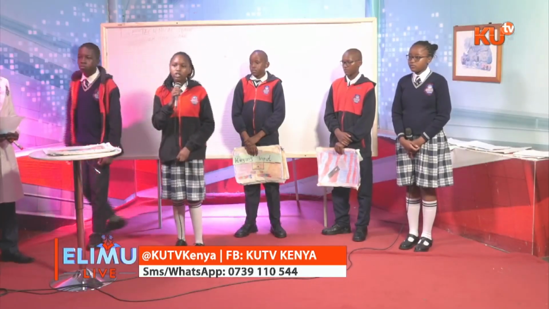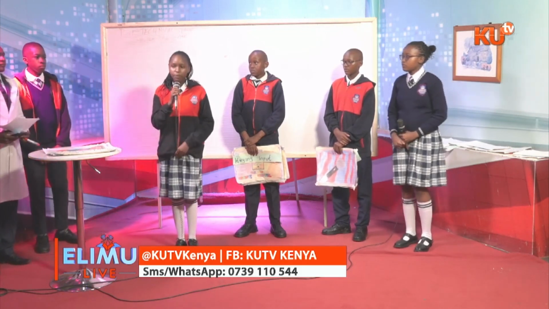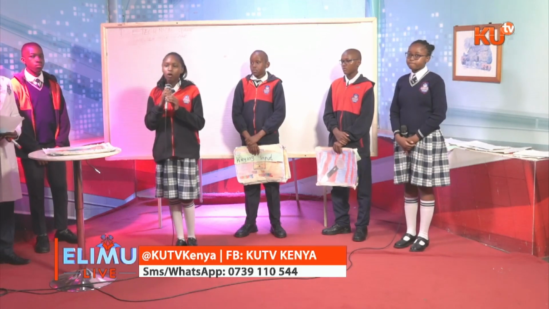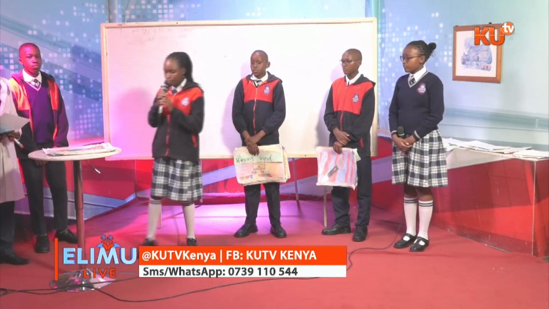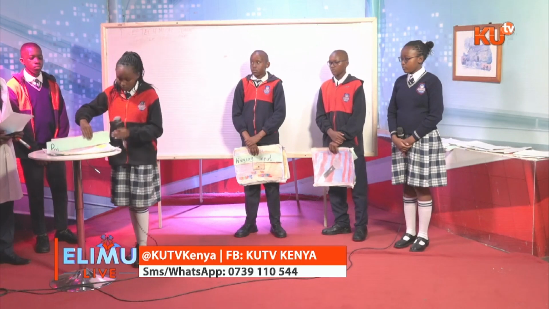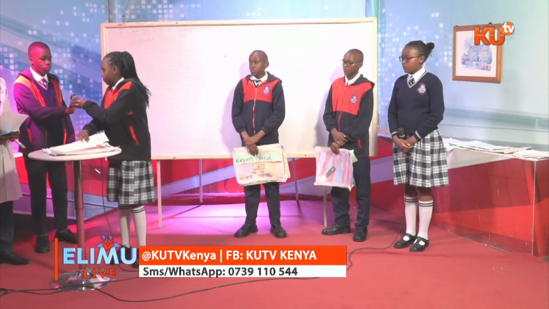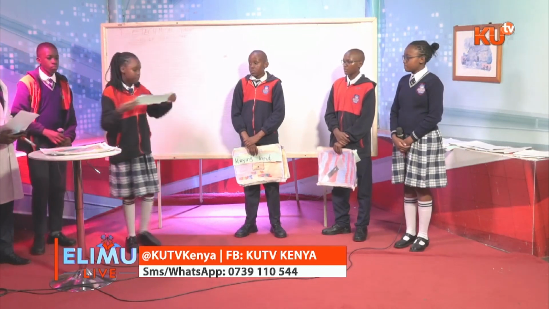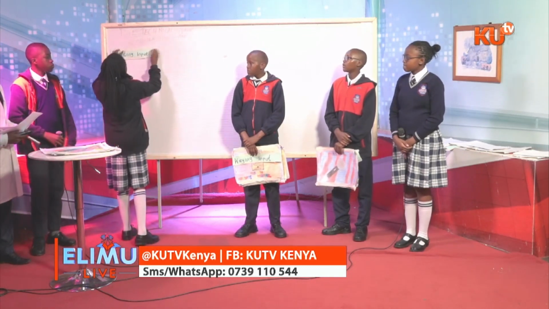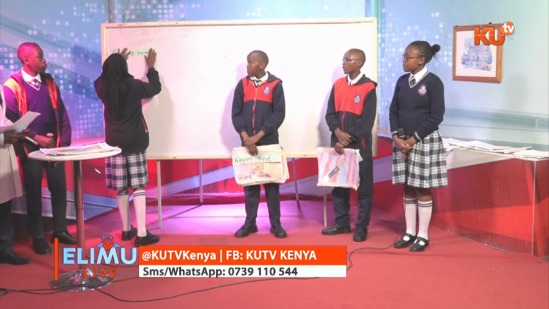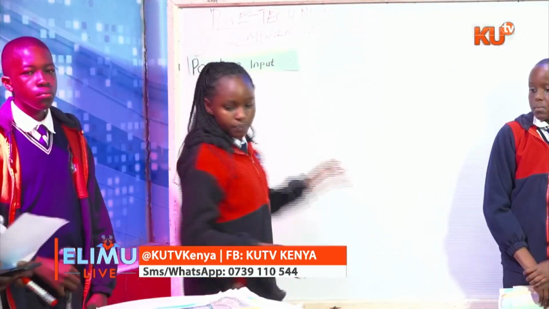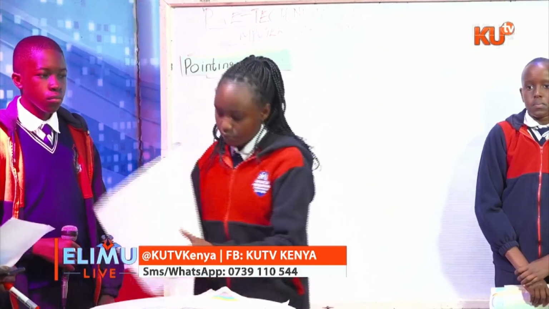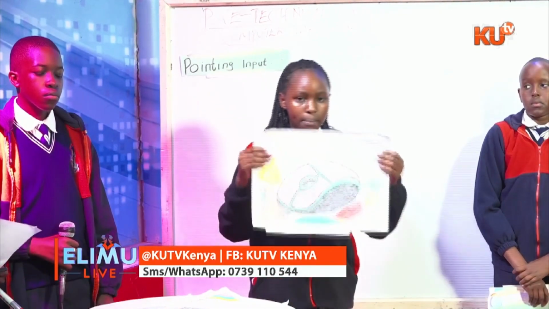Thank you, Prince Emmanuel. Today I'll be taking you through pointing input devices. These are devices that are used to control the cursor or pointer on a screen. Number 1, we have the mouse.